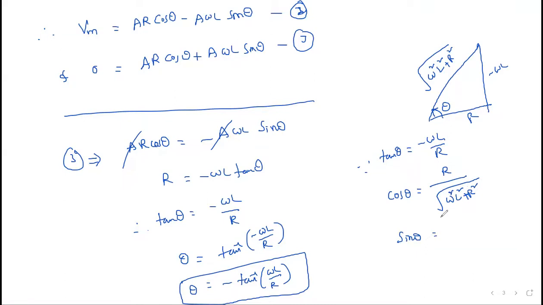Excuse me, sir, in equation 3, AR sin theta plus A omega L cos theta. Equation 3. AR sin theta. Here it is sin theta, here cos. I'll change it.